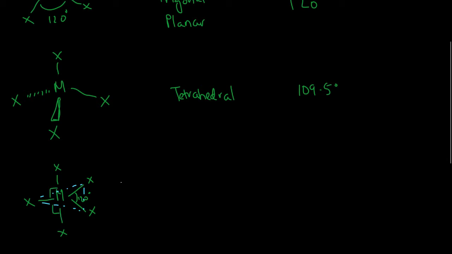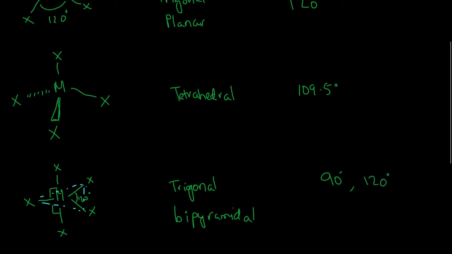This type of shape is called trigonal bipyramidal. And the bond angles are going to be 90 degrees and 120 degrees.